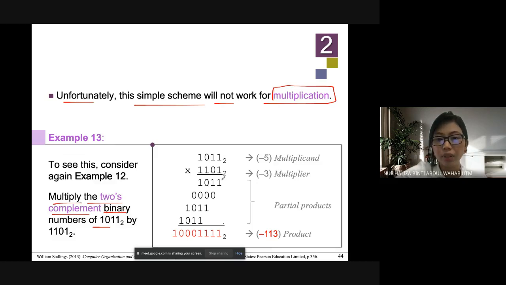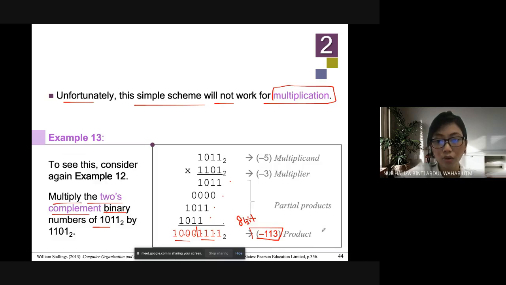You can see over here, when you multiply, basically the flow is similar. Then you will get your product as 1, 1, 1. This one is mathematics. I hope you can try it. 0, 0, 0, 1. So of course you get 8 bits. Now you get minus 113 as your answer.